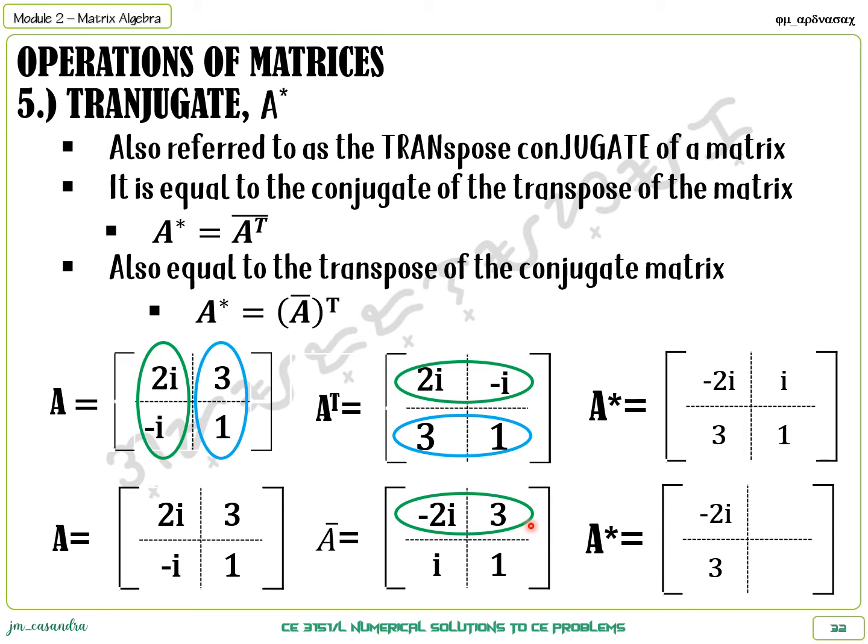So the first row becomes our first column, and then our second row becomes our second column. As you can see, we both have the same answer. So whichever comes first, it will still give us the same value of the tranjugate.